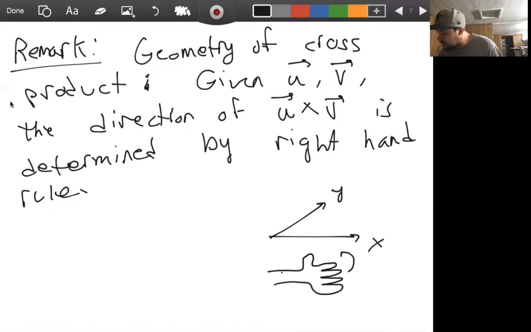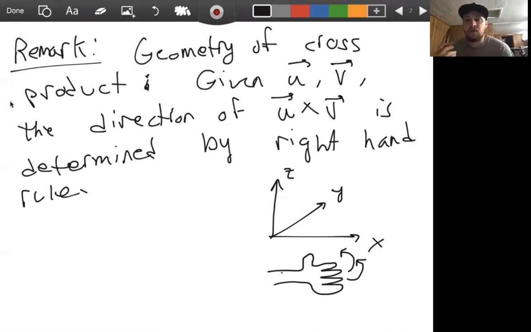So in this picture, we would curl our fingers this way. And this tells you where your thumb is pointing, you make a thumbs up. Where your thumb is pointing tells you the direction of the positive z-axis. And this is called the right-hand rule because you must do this with your right hand. You point it in the positive x-axis direction, you curl your fingers towards the positive y-axis, and your thumb determines which way the z-axis should be facing for a positively oriented coordinate system.